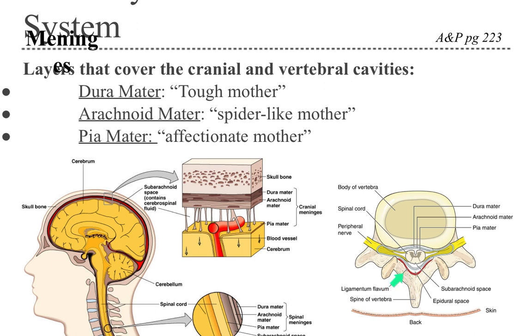We have a ligament here that's going to just protect all of these tissues inside, just an extra layer against the vertebrae here. And then we have the epidural space. And then we start with what's easier to see on this side, the dura mater, which is going to be the very outside, the thickest, that blue.